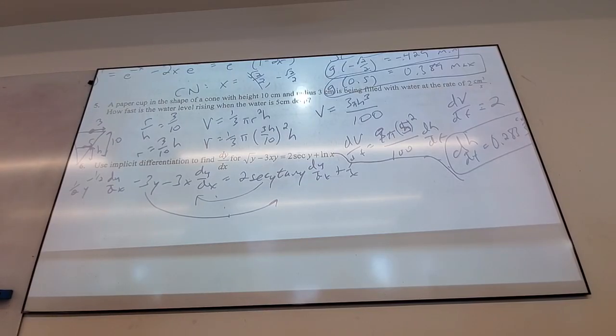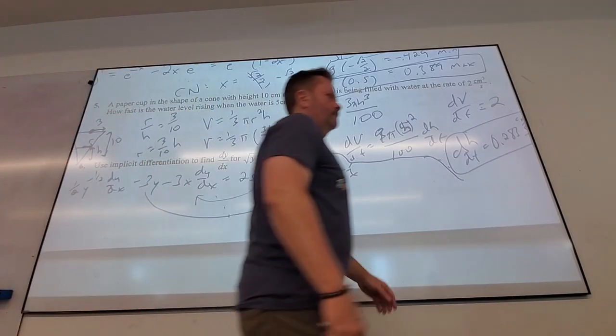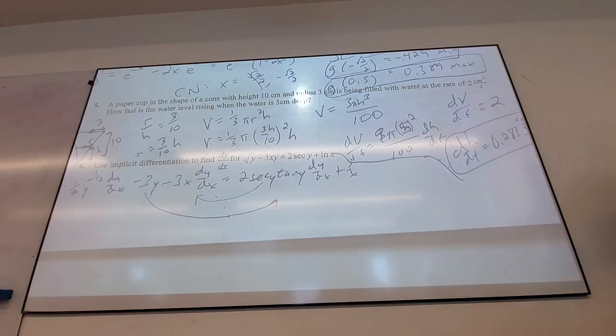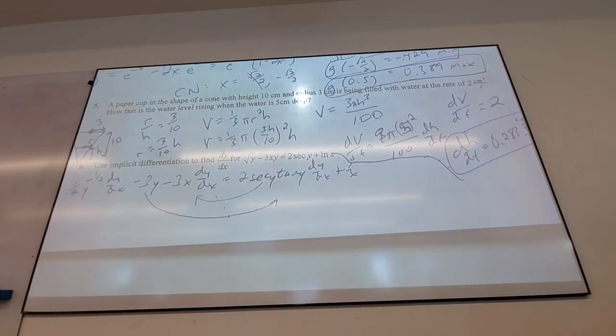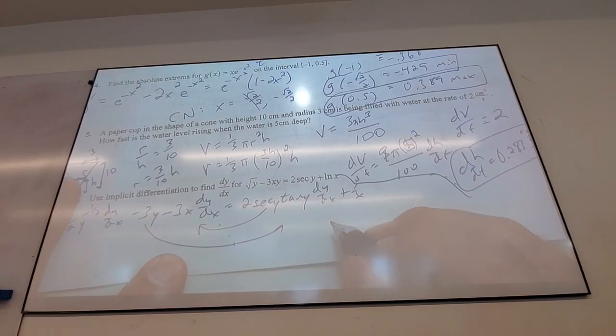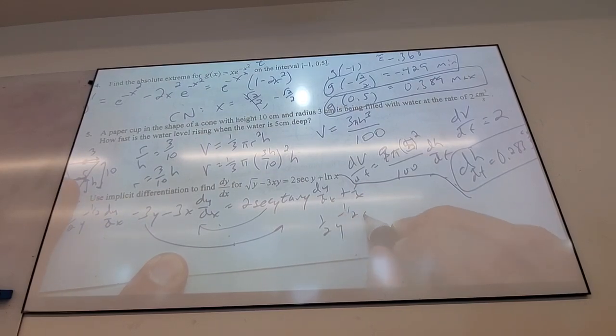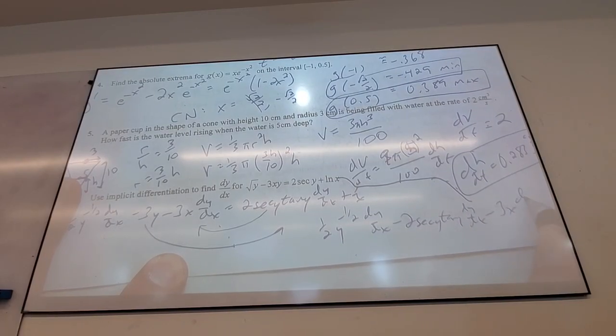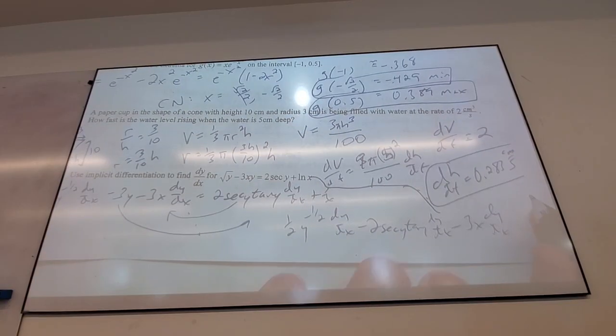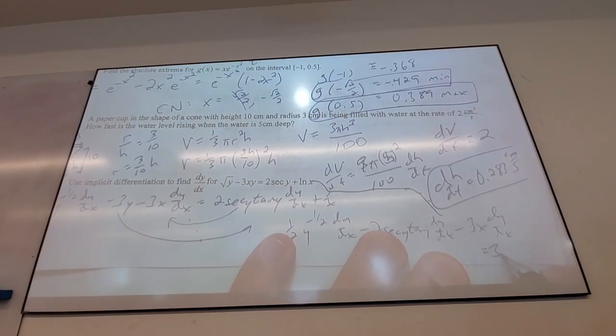Very brute force. So you just basically get dy dx by itself. Yeah, so if I do this, I'll get 1/2 y to the negative 1/2 dy dx minus 2 secant y tangent y dy dx minus 3x dy dx equals 3y plus 1/x.